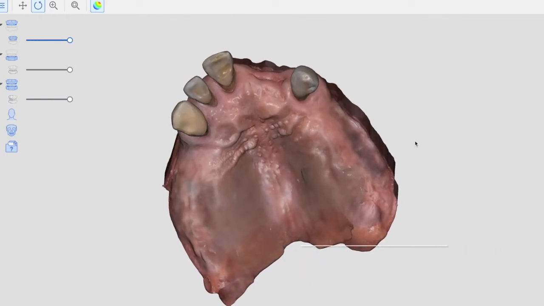The next anatomical reference is the hamular notch. So the area is called, I'm pointing at the area for the hamular notch, and it's called by another name, pterygomandibular notch.